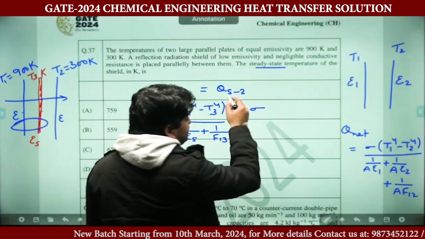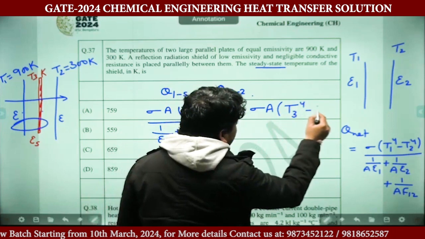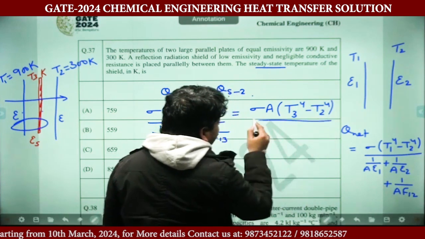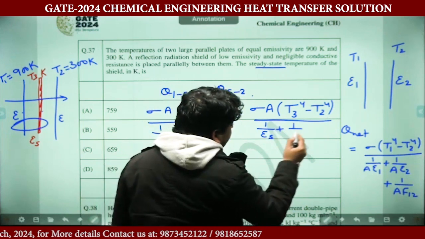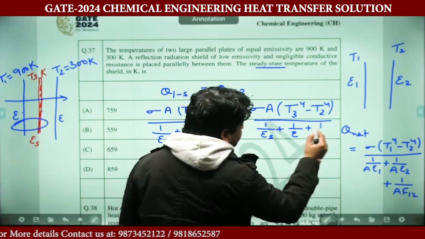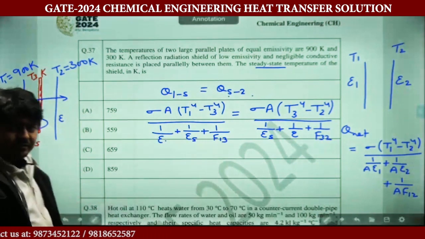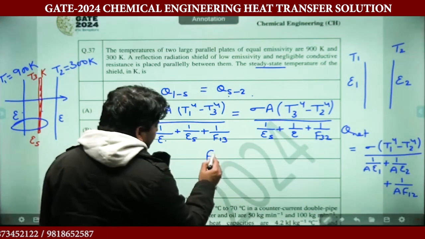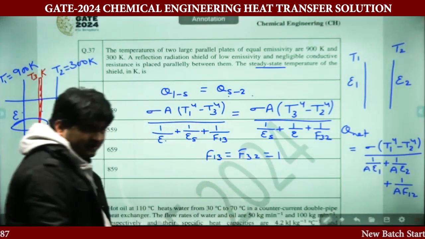and similarly for shield and second plate it will be like sigma A (T3 power 4 minus T2 power 4) divided by 1 upon epsilon s for the shield, 1 upon epsilon for the plate plus 1 upon F32. Since these are two parallel plates, you know that view factor will be 1, that is F13 and F32 both will be equal and 1.